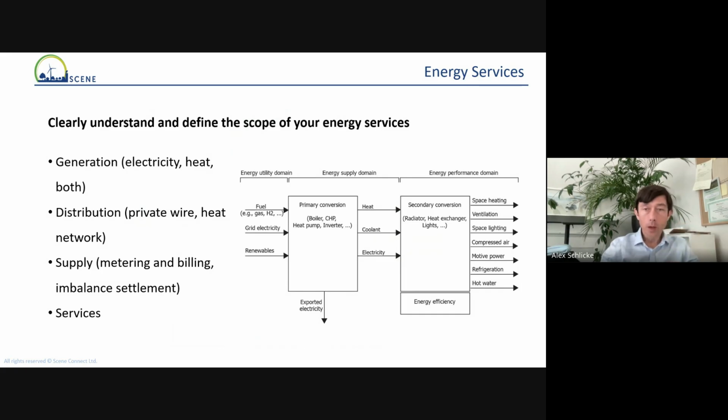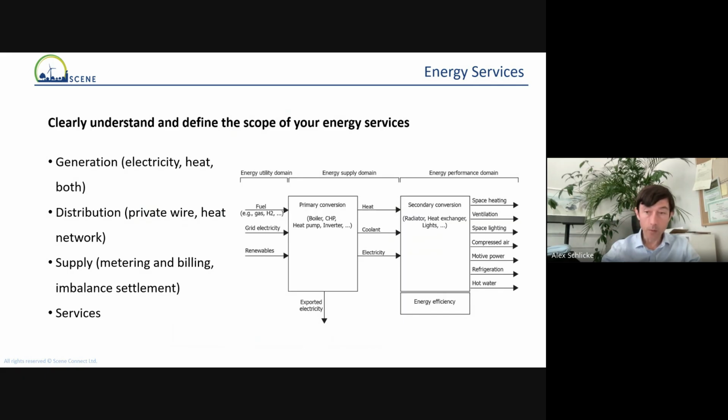The other aspect that I think is really important to understand right from the outset is the scope of the energy services you're providing. We've heard from the participants today: Andrew doing domestic retrofit, and Mark who's developing a solar farm.